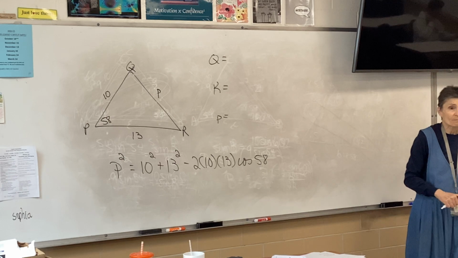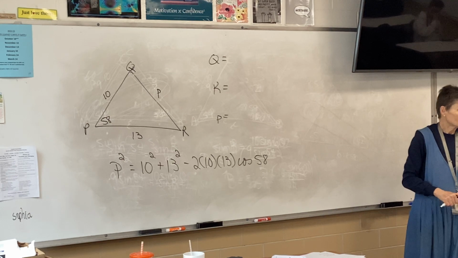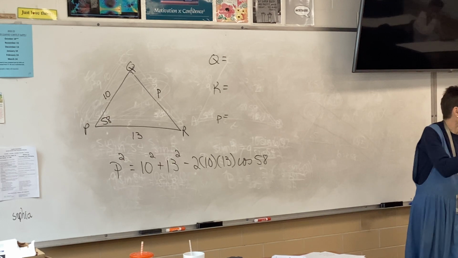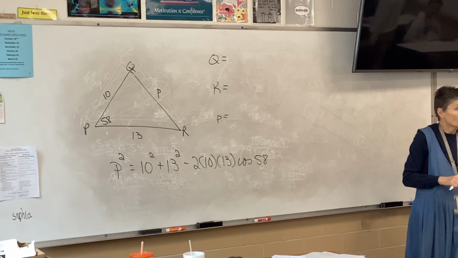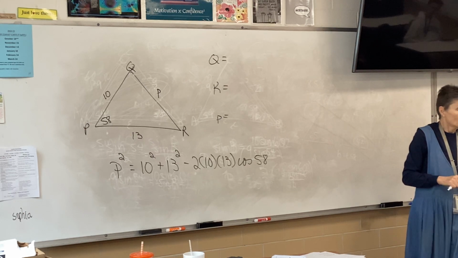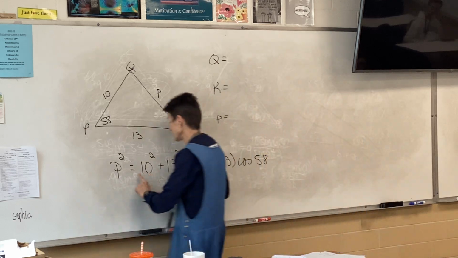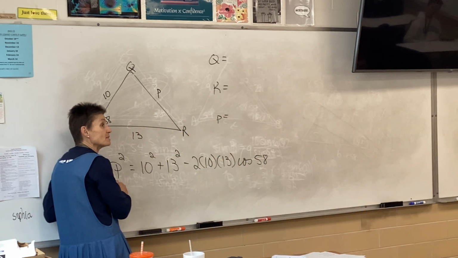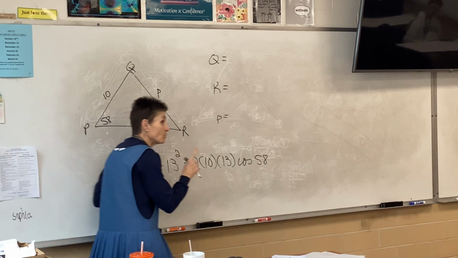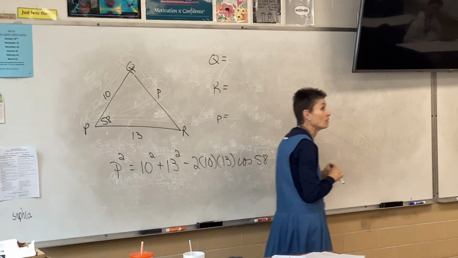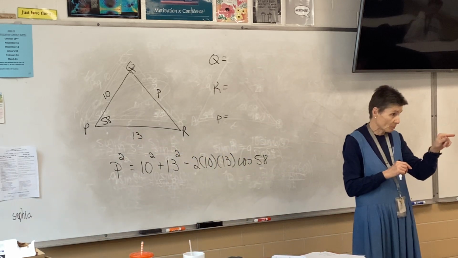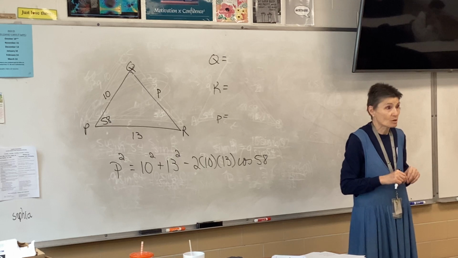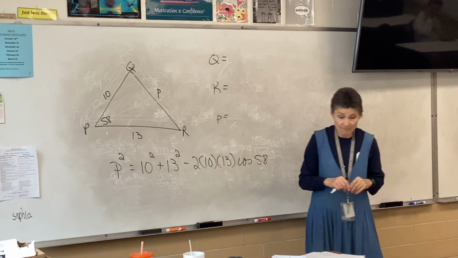What'd you get? 131.22. Now remember though, what's the 131? No, the 131 is P squared. So what do we have to do then to get P? Square root that number.